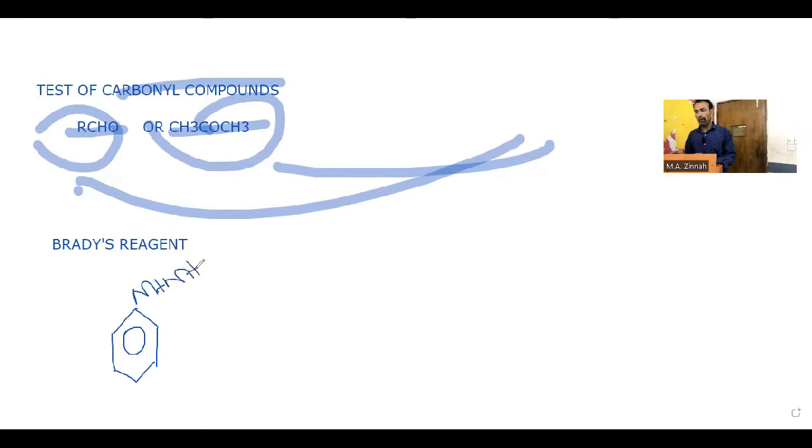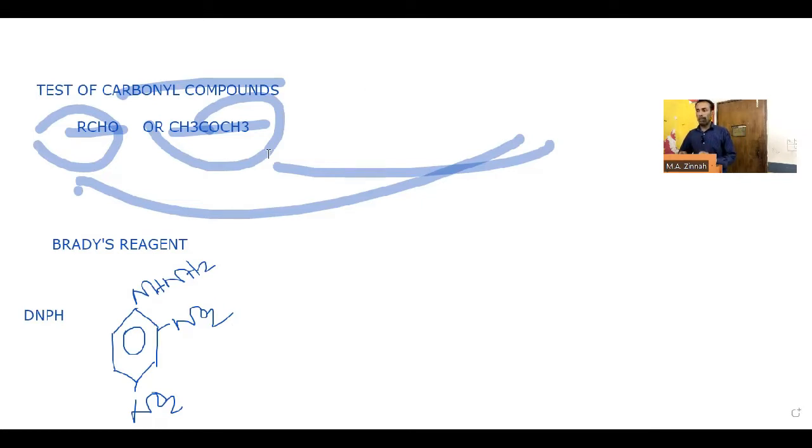This part is hydrogen and this part is phenyl, and there are two nitro groups. So this is called Brady's reagent. It has a name, DNPH, dinitrophenylhydrazine. Using this DNPH or Brady's reagent, we could test carbonyl compounds.